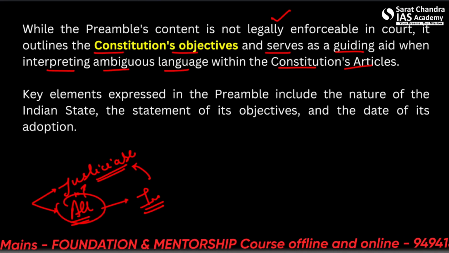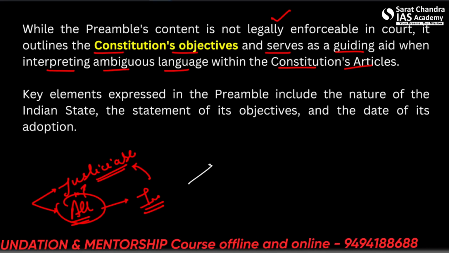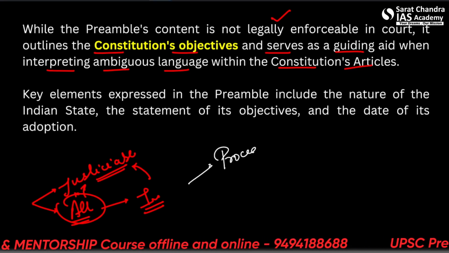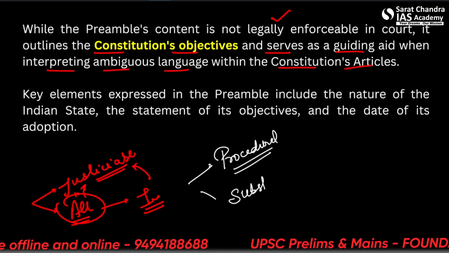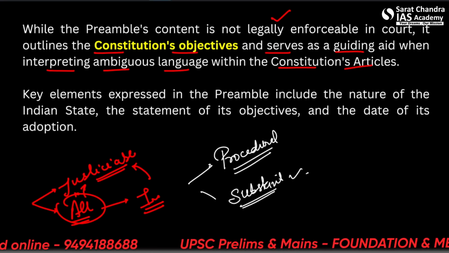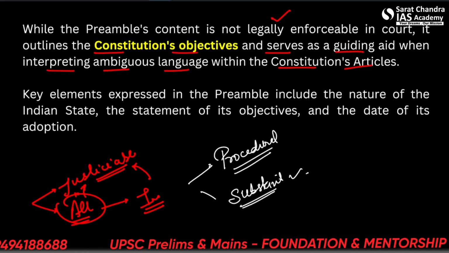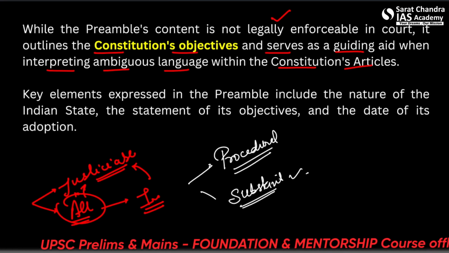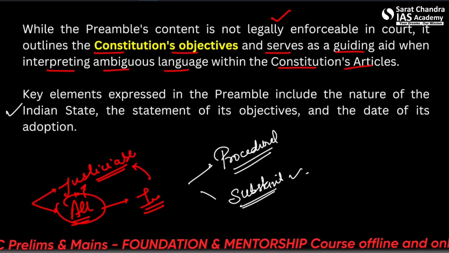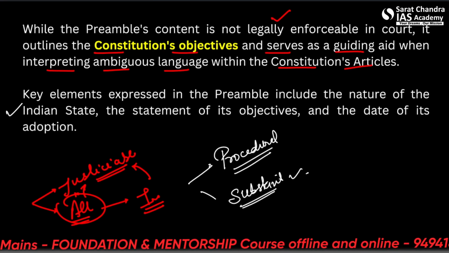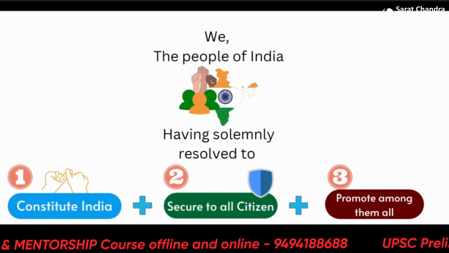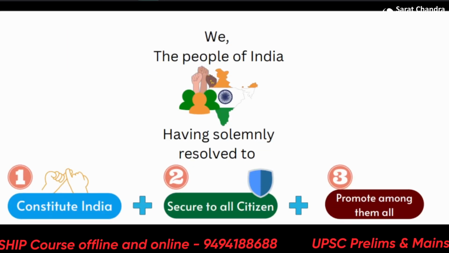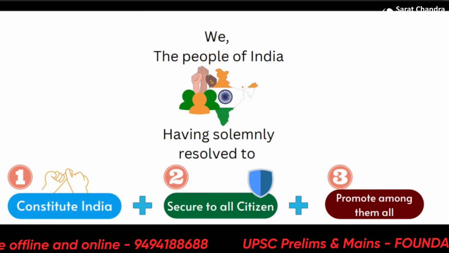It gives us the substantive due process of law, not the procedural. Alright, so key elements expressed in the preamble include the nature of the Indian state, sovereign, socialist, democratic, and republic, the statement of its objectives, and the date of its adoption. Let us now learn the preamble in a very lucid manner.